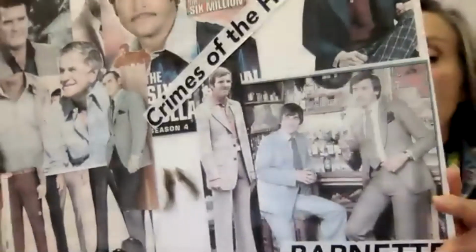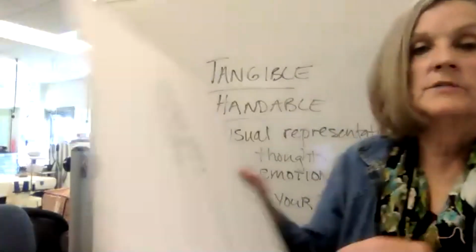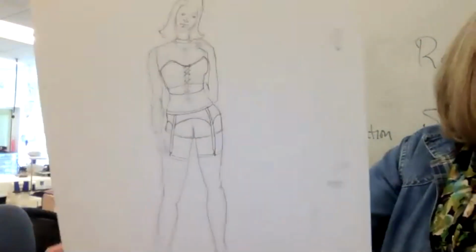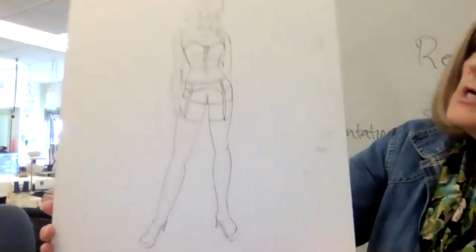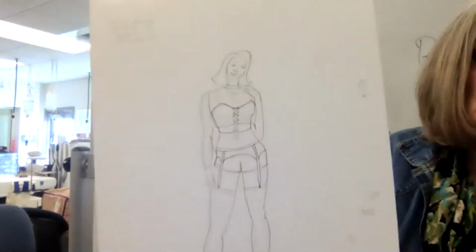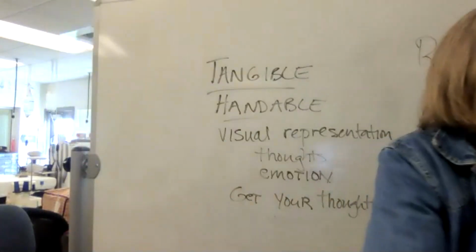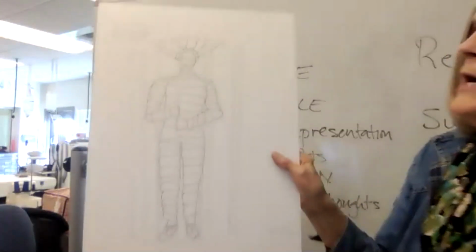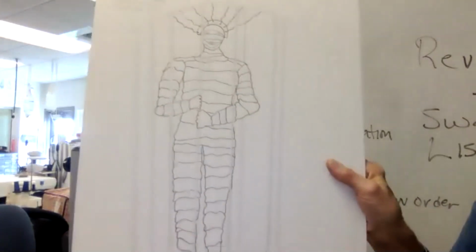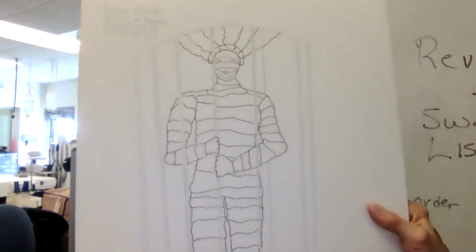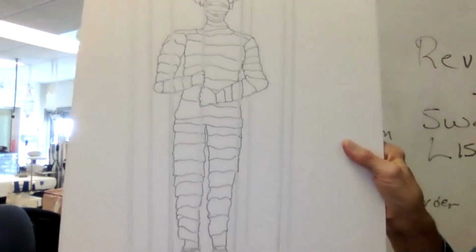Another thing you can do after you get to some research is you can show certain kinds of sketches. This is just a pencil sketch giving an idea for one of the characters in Rocky Horror. Here's a different sketch from that same piece, which is when he comes down as the mummy in the Sword of Damocles.